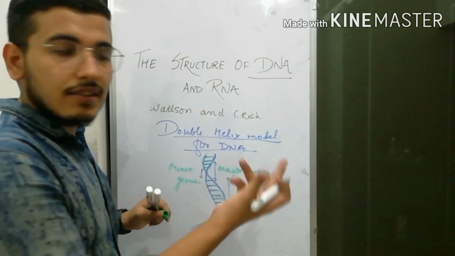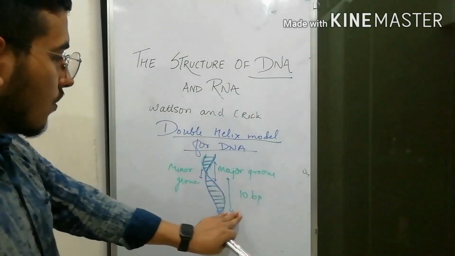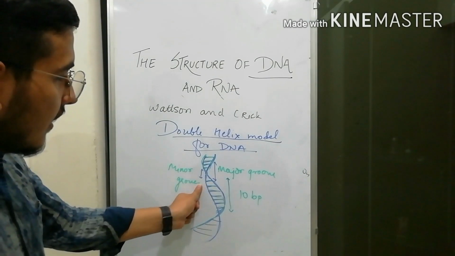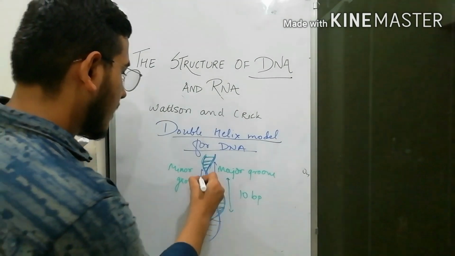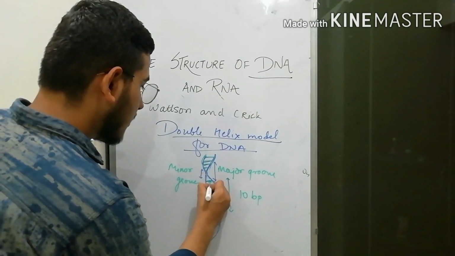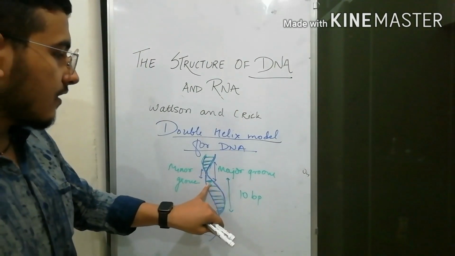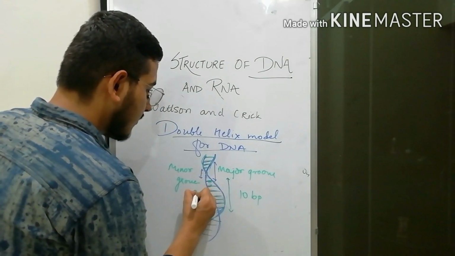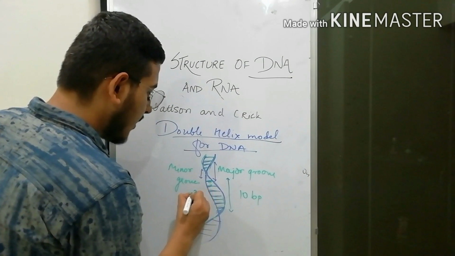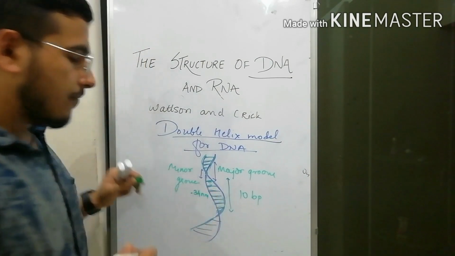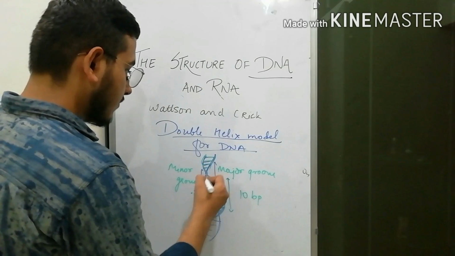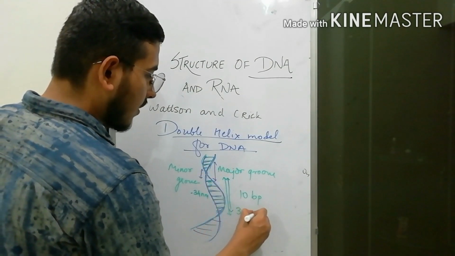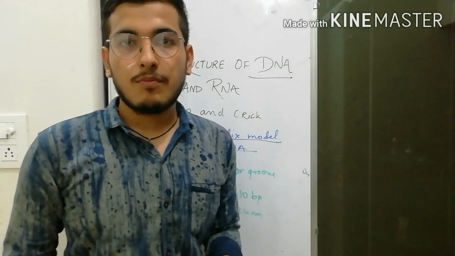The distance between two base pairs is 3.4 angstrom, and one turn distance is 34 angstrom.